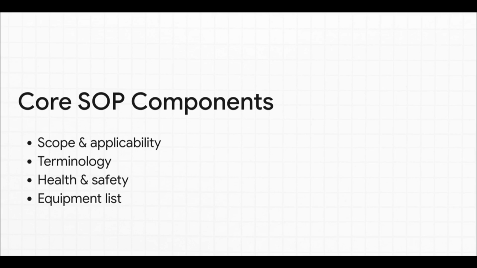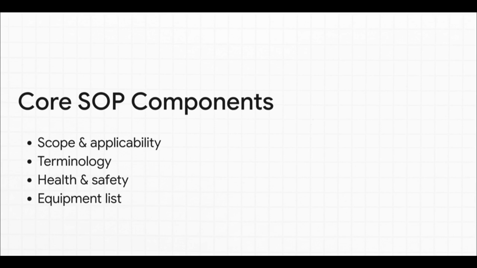Your scope and applicability defines the core purpose, the limits, the regulatory standards, and exactly who is responsible for what. You also absolutely need a clarification of terminology, mostly because misunderstood acronyms can cause deadly mistakes in a lab. Then we have health and safety warnings, and let me be emphatically clear here, you must absolutely never gloss over this section. Never.